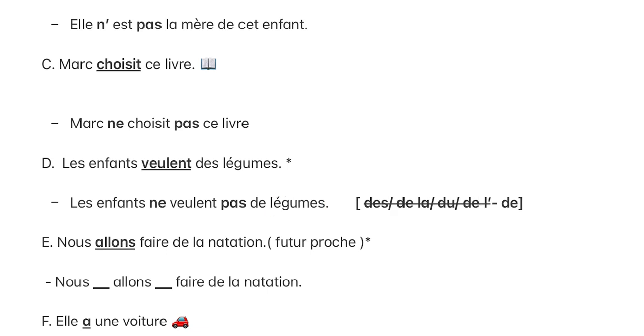So our final answer is Les enfants ne veulent pas de légumes. The children don't want vegetables. This rule applies to other partitive articles as well, such as de la, du, de l'. In a negated sentence, all of it changes to de.